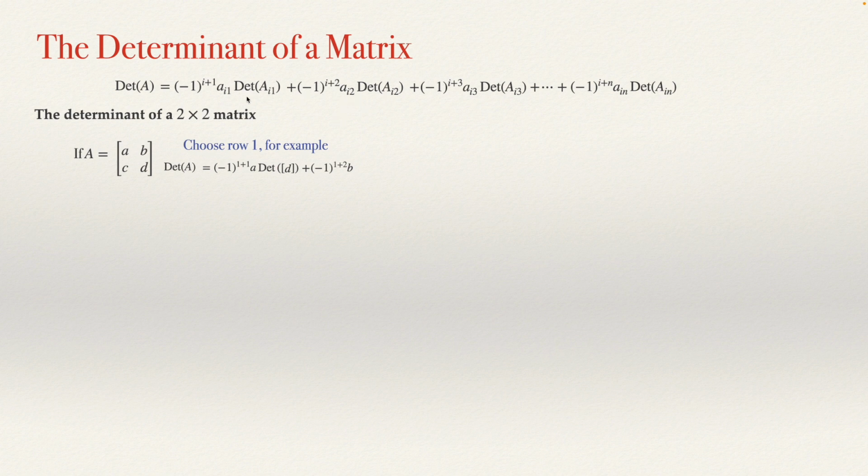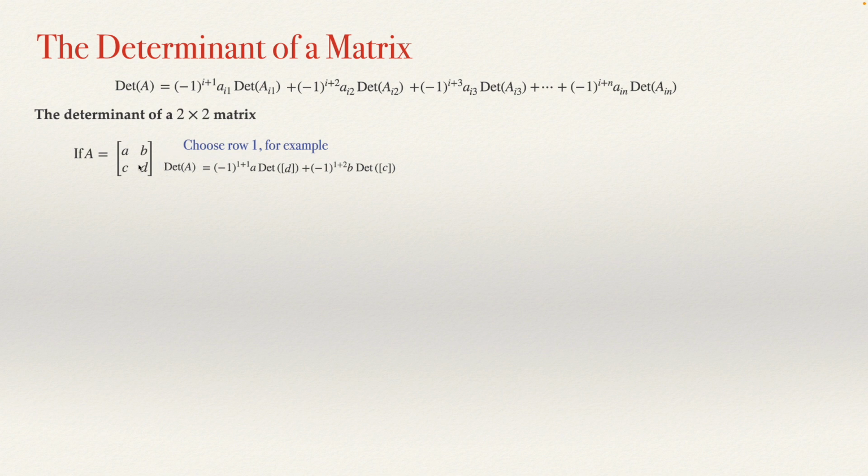Observe that I'm using this formula until this part because n equals 2. Multiply by the determinant of the matrix obtained by removing row 1 and column 2, so this matrix C, and we are done.